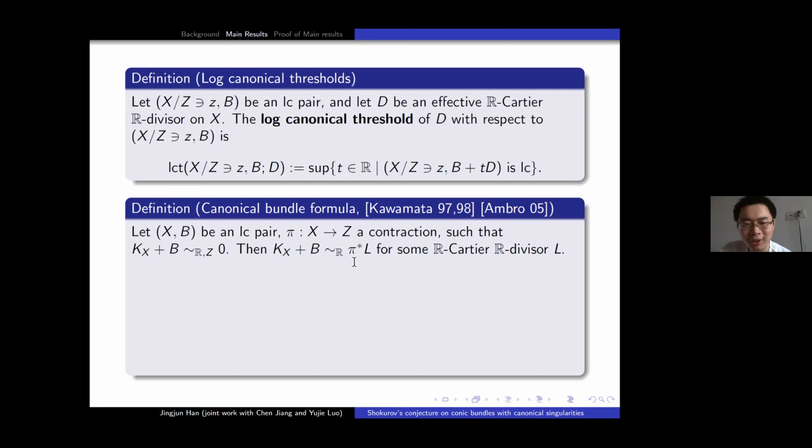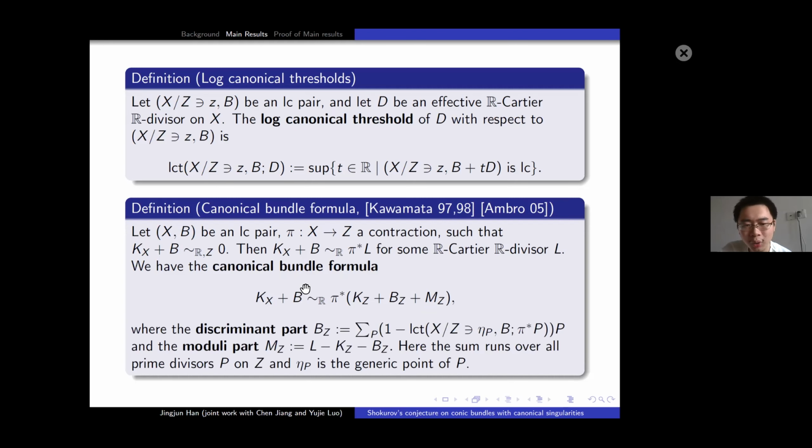Then we can show this. Moreover, we have the so-called canonical bundle formula. We can write K_X plus B to be R-linearly equivalent to the pullback of K_Z plus B_Z plus M_Z, for some divisors B_Z and M_Z on my base variety Z, where B_Z is the so-called discriminant part of this canonical bundle formula.